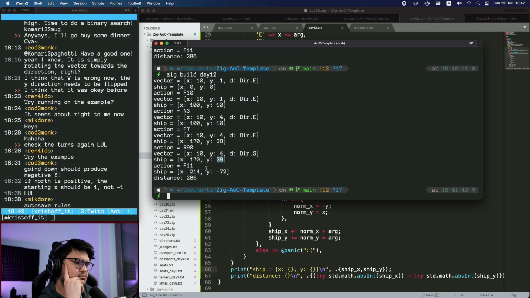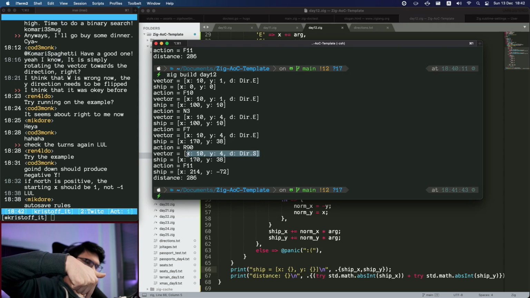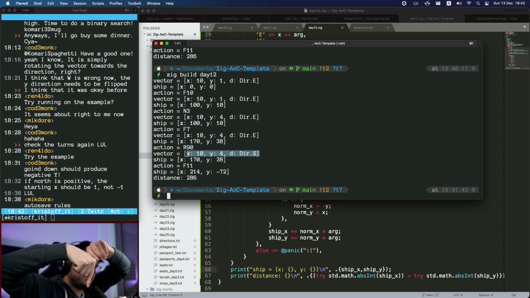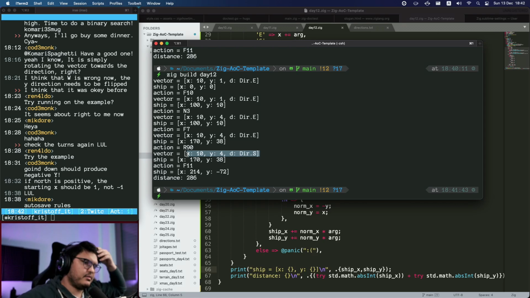Wait a second. So this vector is pointing south, which means that the end result is that x is 4 and y is minus 10. So minus 10 times 11 is minus 110, plus 38 is, yeah, I guess 72.